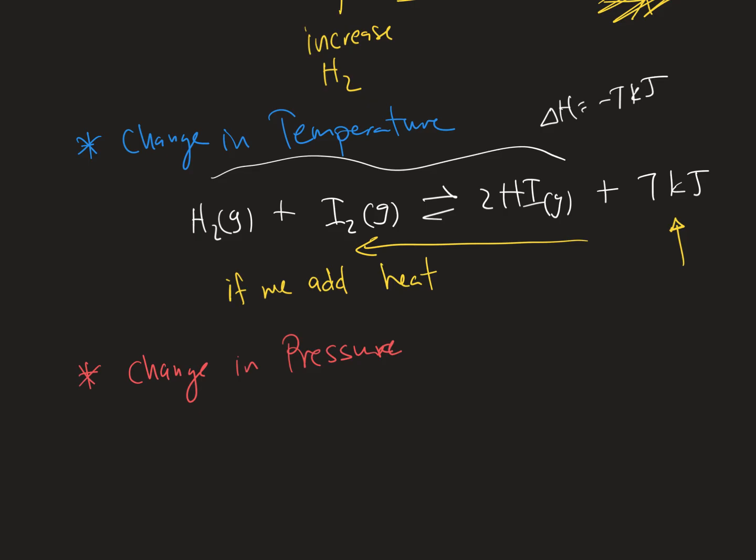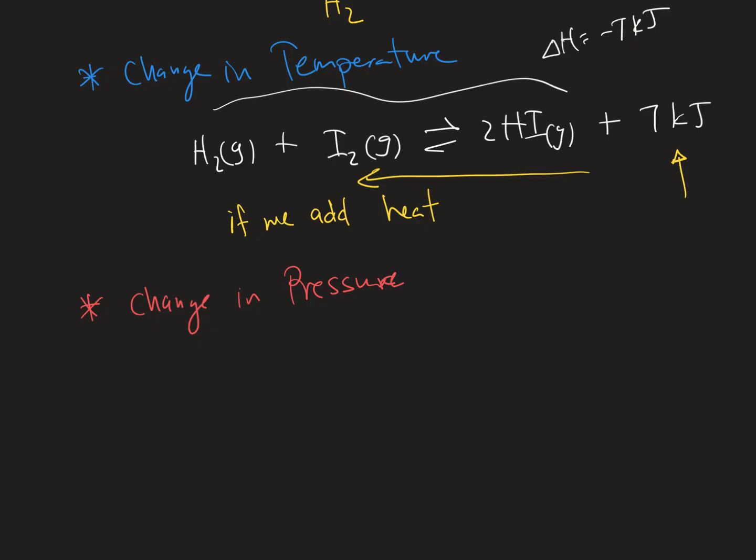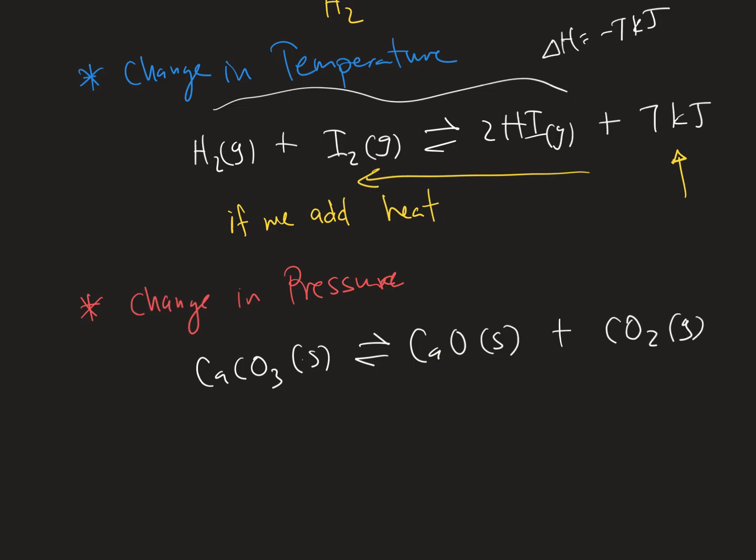Can solids be pressurized? Just gases. You with me? So this change deals with the gases in our reaction. So for example, let's do a different one. Calcium carbonate as a solid in equilibrium with calcium oxide, also as a solid, plus carbon dioxide as a gas.